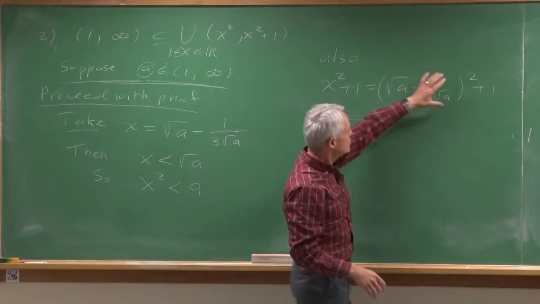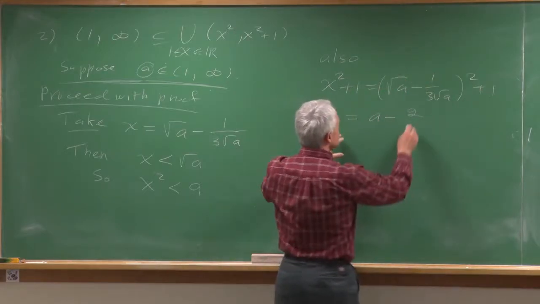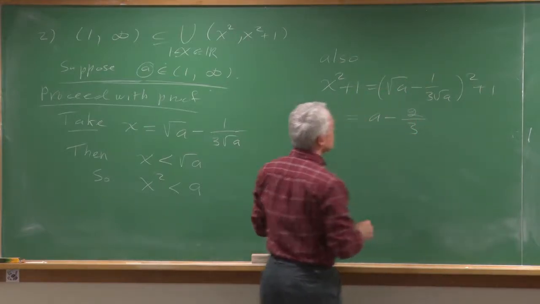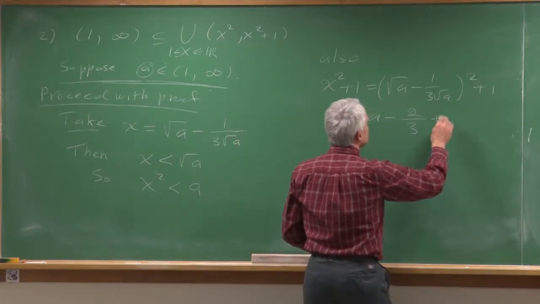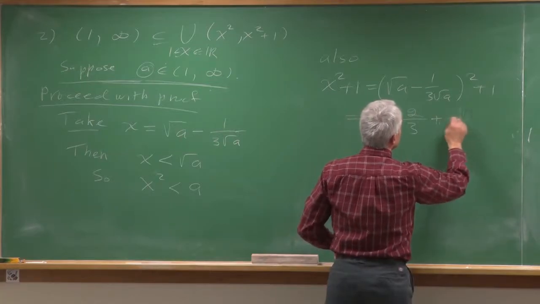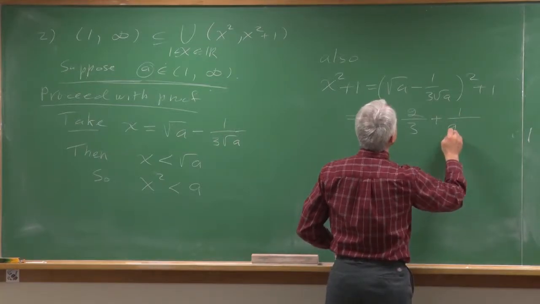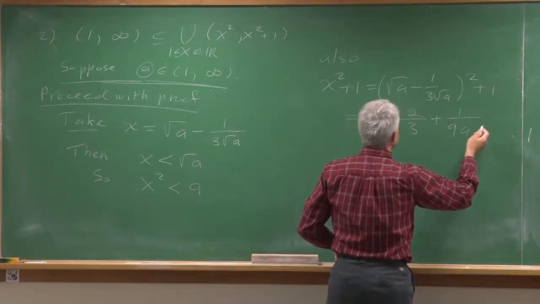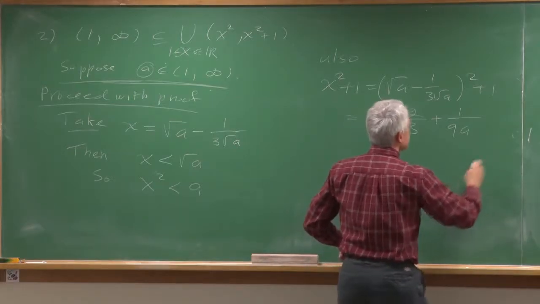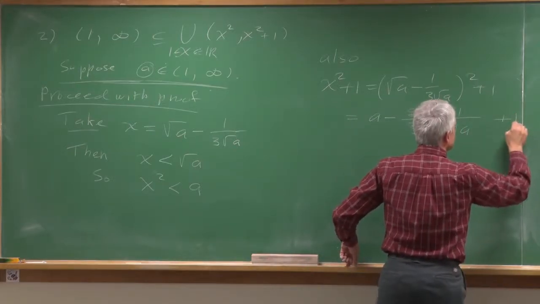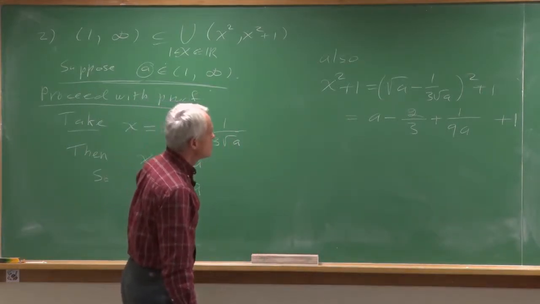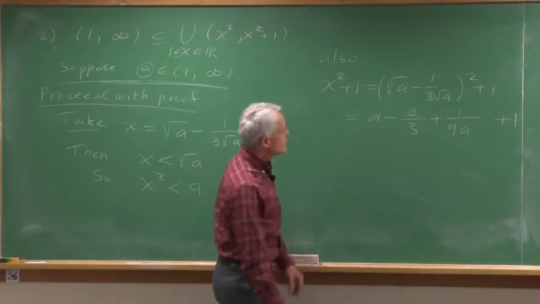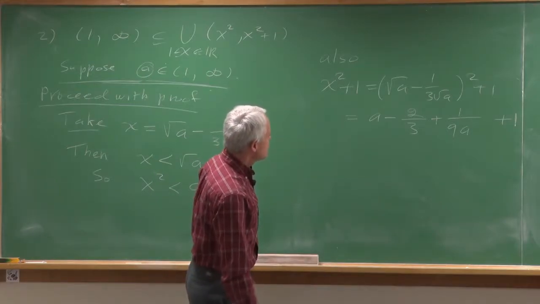Square root of a in the numerator, square root of a in the denominator, they cancel, and we just get 2 terms of 1/3. And then plus, when we square this, what do we get? 1/9 a, just a, right? Plus 1. Okay. How's that? Is that right? Okay, great.